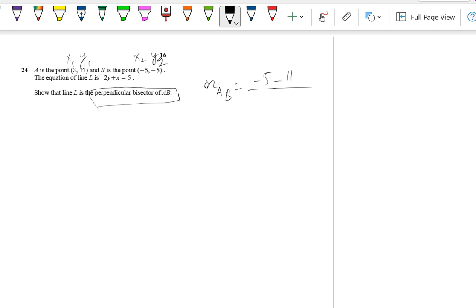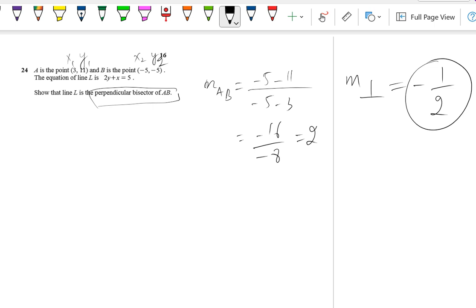So y: minus 5 minus 11 over minus 5 minus 3, minus 16 over minus 8 will give you 2, and gradient of the perpendicular will be minus 1 by 2, if you use the formula for two gradients that are perpendicular.